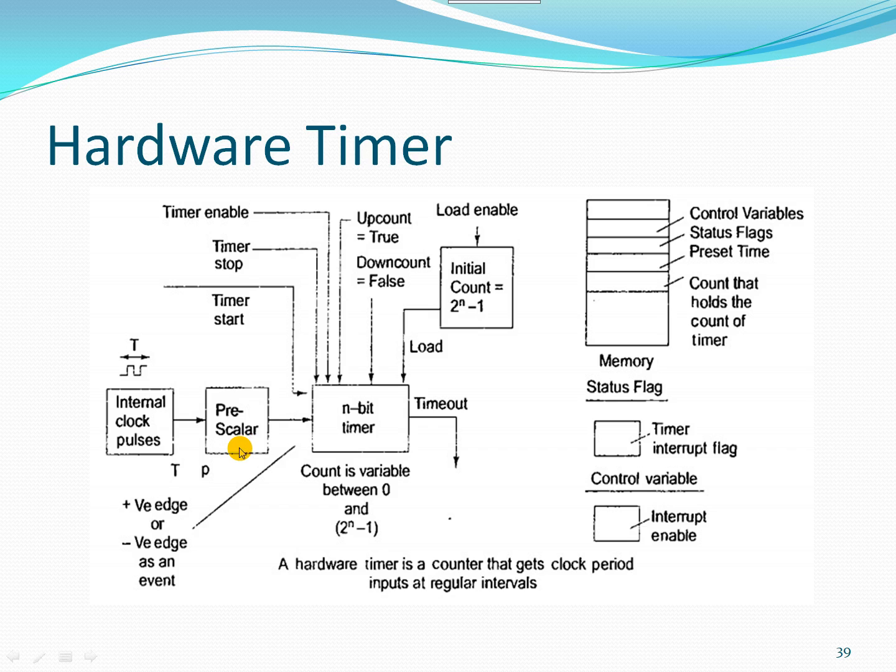Prescalers can be 1, 2, 4, 8, 16, 32 likewise, and the values can go on. By dividing those values, we will have that internal clock with frequencies divided by those values, and those pulses will be given into this n-bit timer.